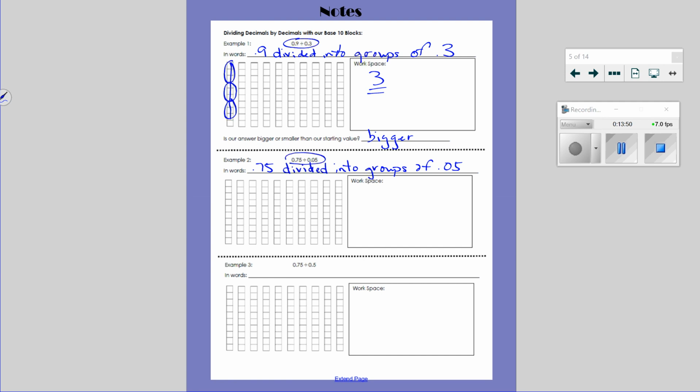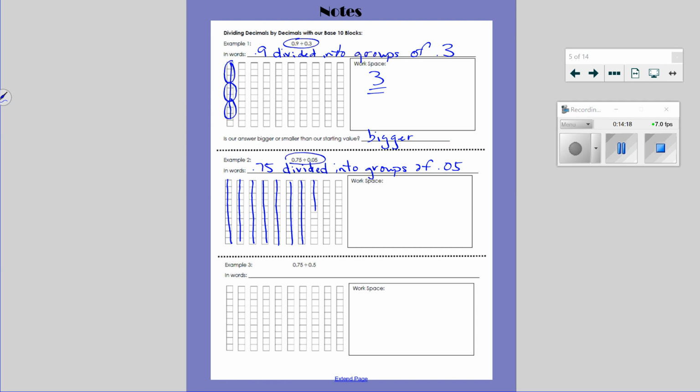So again, on my model, now I've got 100 of these blocks. We're going to color in 75. So again, this is why we didn't get you the pencils and stuff. We're just doing it quick so we can see how much we're using. So there's 4, 5, 6, 70 plus 5 in the last one. So that gives me 75. And I'm now going to break this into groups of 5/100ths.